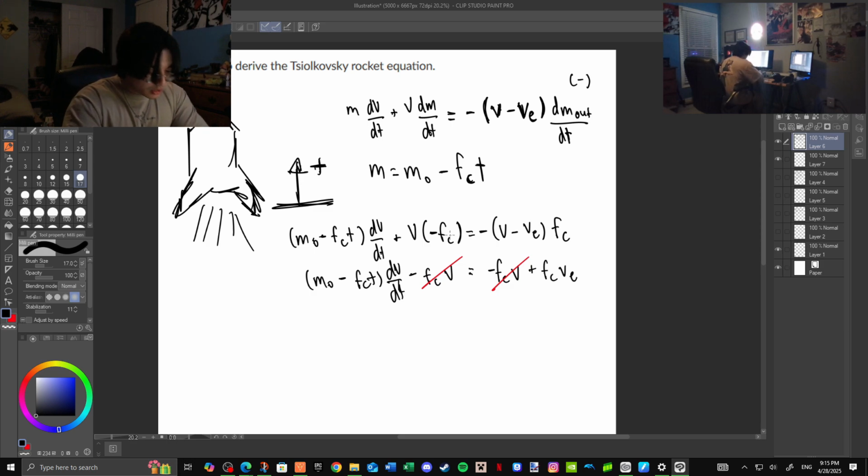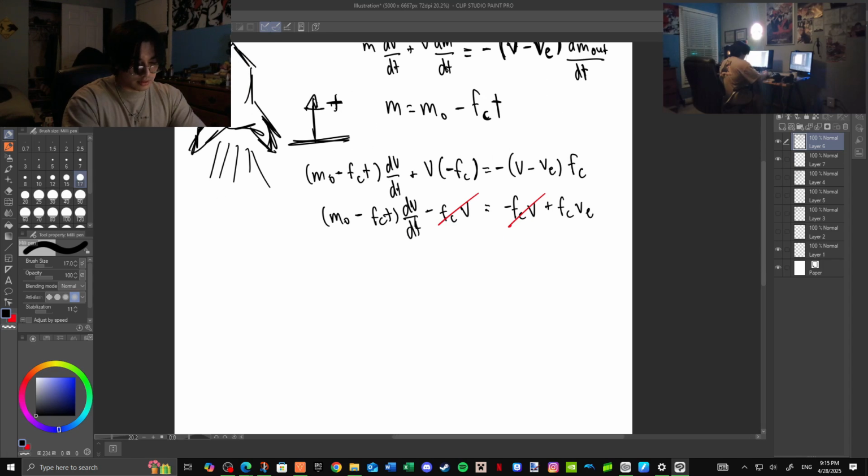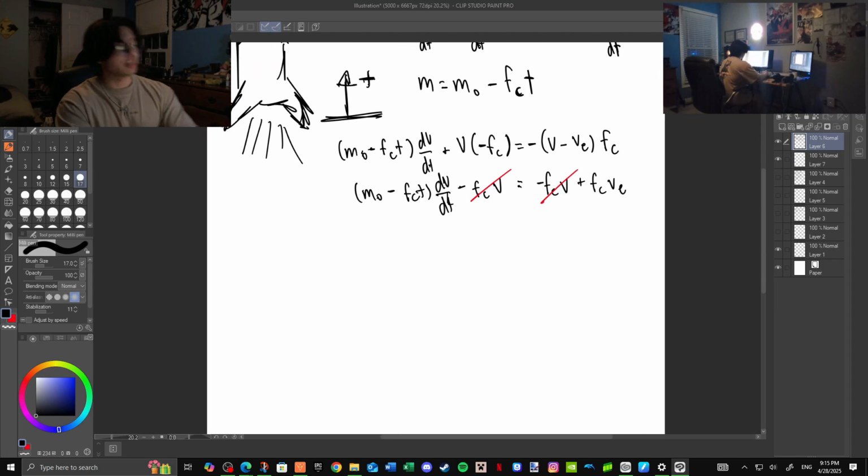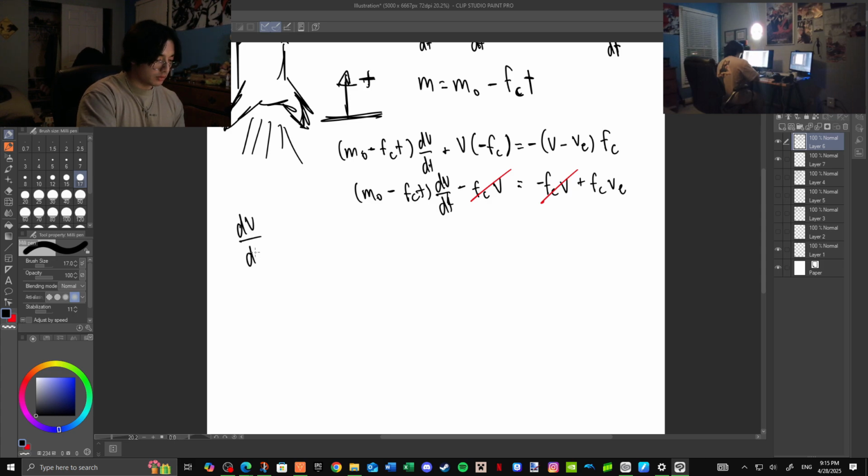And so now we just need to isolate dv dt. We need to find the change of velocity with respect to time. So we do that, we get dv over dt equal to fc times ve, the exhaust velocity, divided by m naught minus fc times t.